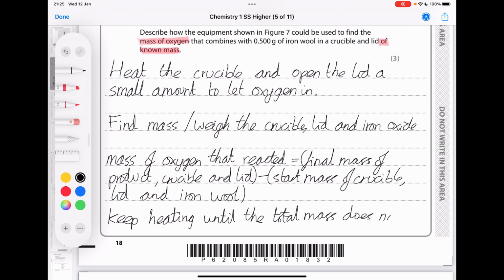The reason for that is that if the mass is still changing, then the reaction has not finished. Really, you should do this and weigh the crucible and iron oxide, and then you should reheat this, and if the mass is still changing, you should keep reheating the crucible until the mass doesn't change anymore. Although that fourth point wasn't necessary to get all 3 marks.